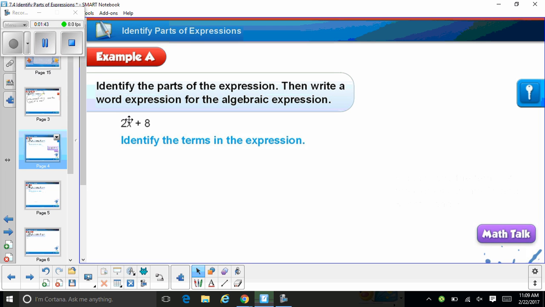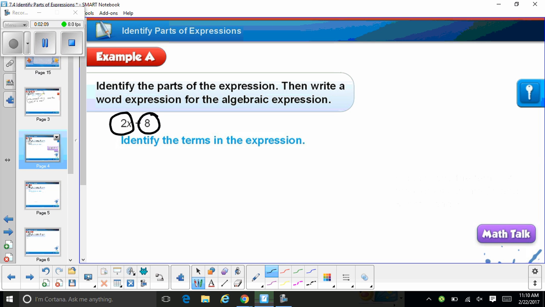When I have this variable attached to a number, I call that a coefficient because it's going to be multiplied. So that's another way you may see that expressed. And so if I were to identify the terms, I have 2x here is my first term. My second term is 8. And so the operation holding those two terms together is addition.